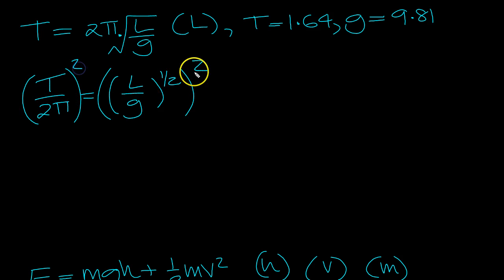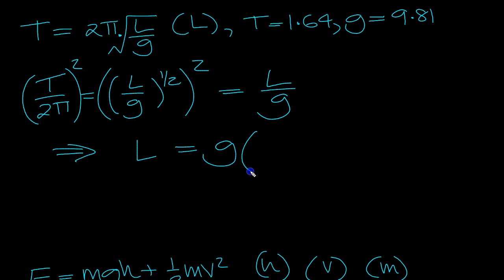The square of that side will equal the square of this side. To undo a square root, you square. Power you times, 2 times half is 1, so that's why we did it. We've got L over G. And now we just move the G up. So that tells us then that L is equal to G times (T over 2 pi) squared. You could expand this bracket and tidy it up if you wanted, but I'm okay with that.